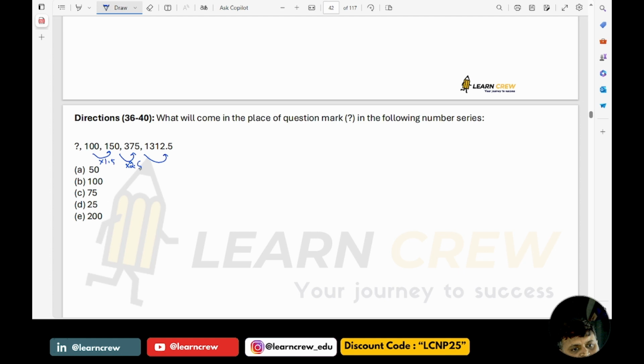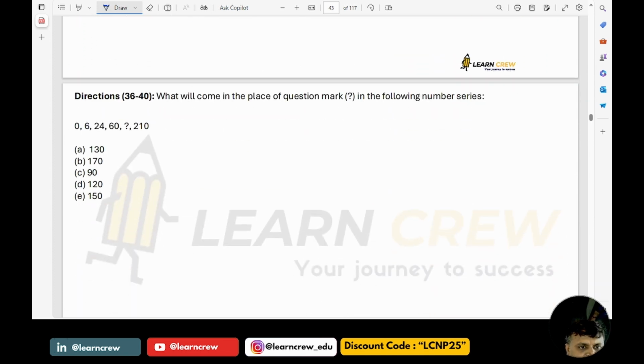Similarly, 1.5, 2.5, it should be 3.5. So it has to be 0.5. Something into 0.5 is 100. That something is 200. 200 into 0.5 is 100. So the answer is 200. Now next, 0, 6, 24, 60.